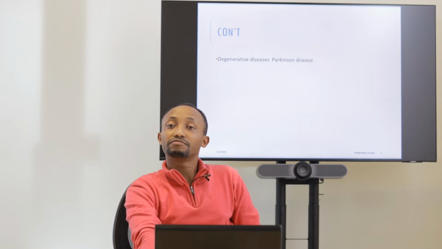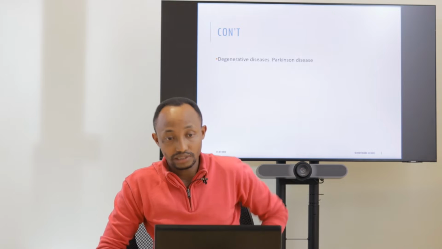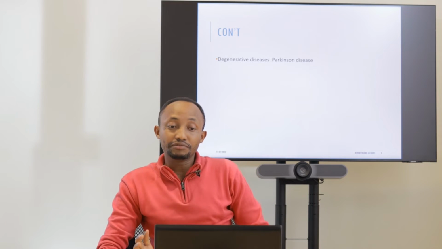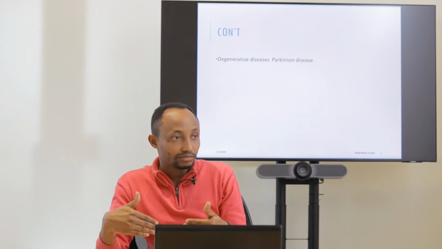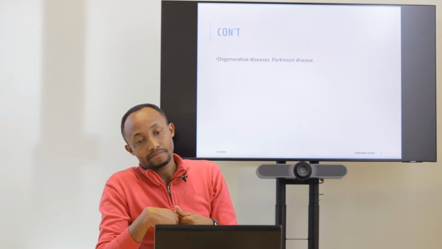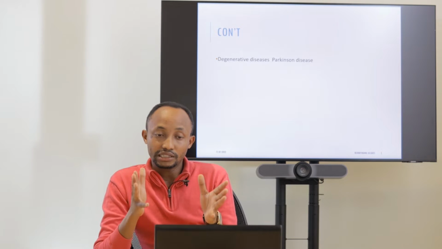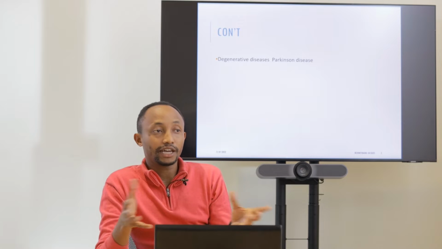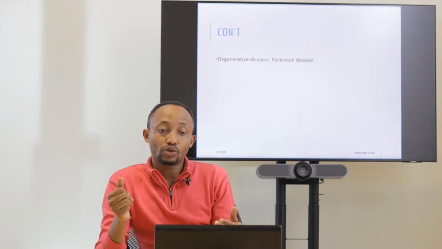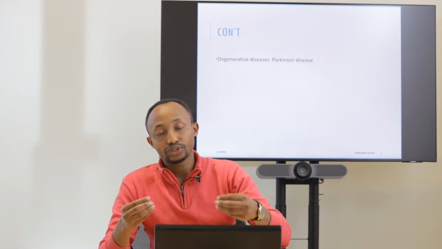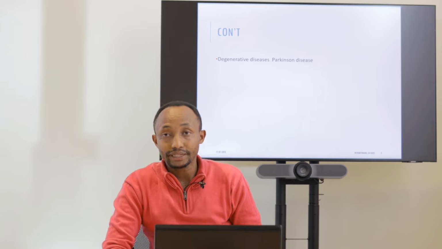We can also have degenerative disease, such as Parkinson's disease. By the term degenerative, it means the brain cells degenerate as a result of aging. So Parkinson's disease is a disease which mainly affects older adults, and it is as a result of lack of production of a hormone which we call dopamine.